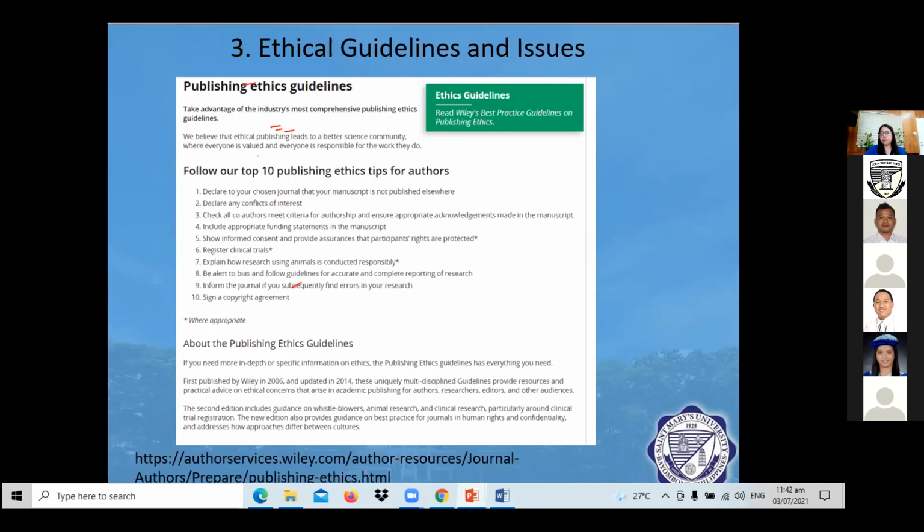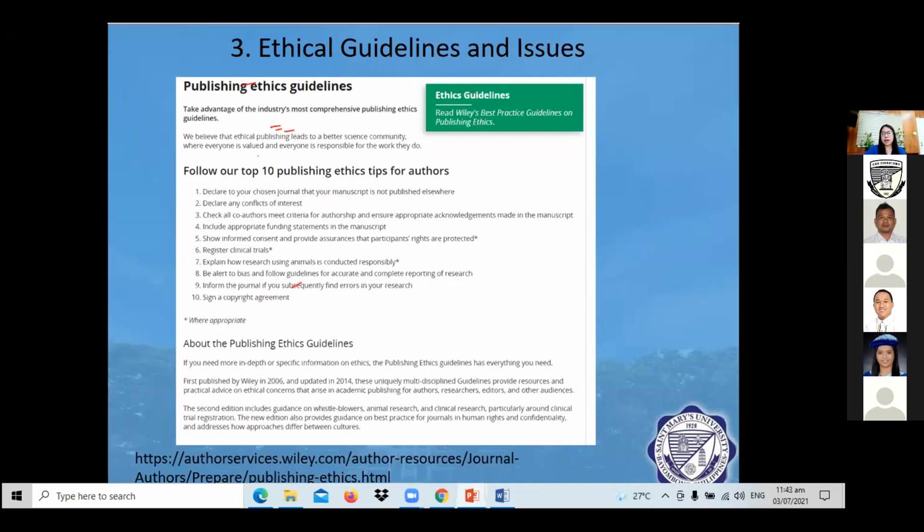That's why for the DOST scholars here that can publish papers later, they have to acknowledge DOST-SEI. And then show informed consent and provide assurance that participants' rights are protected. Register clinical trials. These are statements that apply if appropriate, because if it's not medical, then you don't need clinical trials.